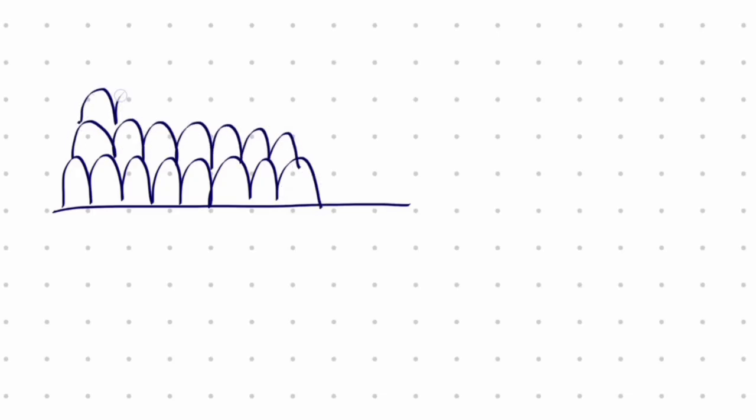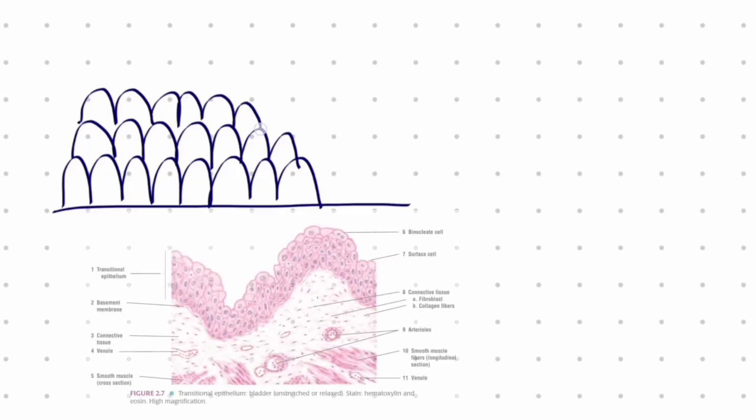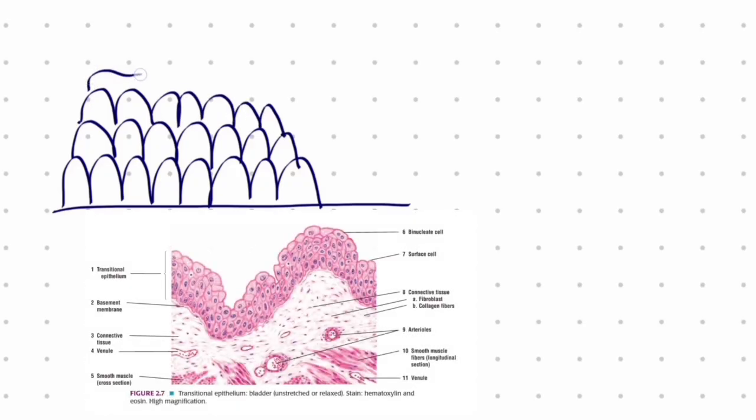Now, there may be situations where you are confused about the topmost layer. And you are seeing that there is neither squamous nor cuboidal, not even columnar cells, but the cells are large cells. And even the nuclei are large.